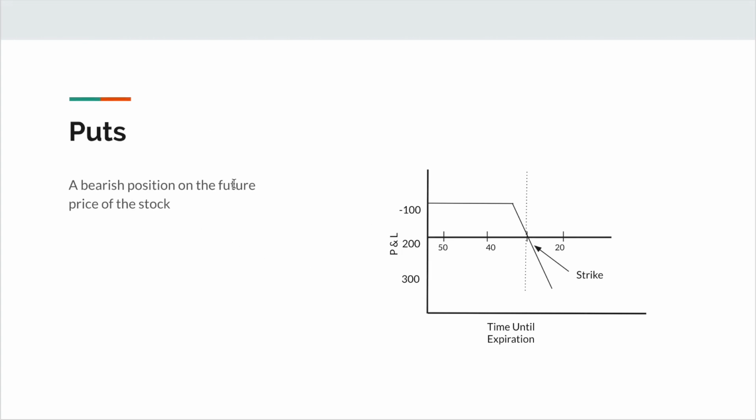Calls and puts are just the exact opposite of one another. A call is a bullish position, which means you want the price of the stock to go up in the future, and your strike price is greater than the current value of the stock. With puts, your strike price is lower than the current value of the stock.